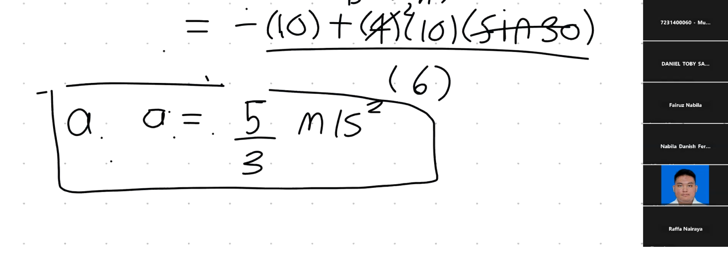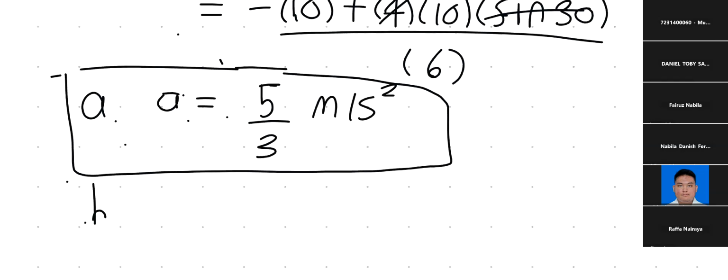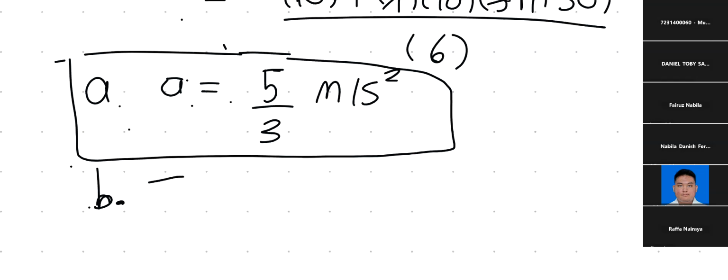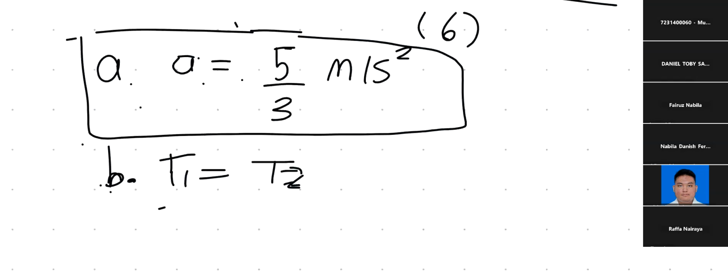Now for point B. Point B is asking for tension. Since we already know that tension 1 is equal to tension 2, we know that T1 is simply equal to WAX minus mass of A times acceleration.